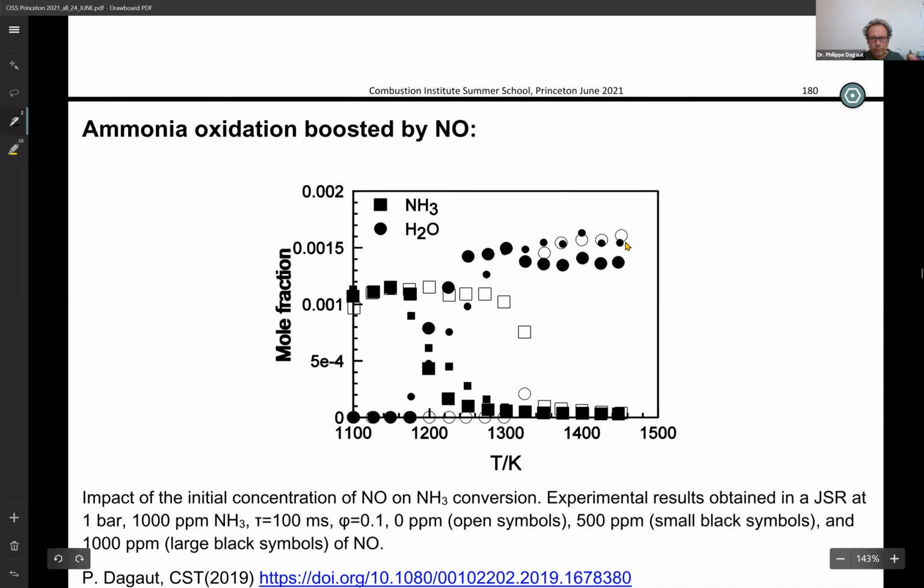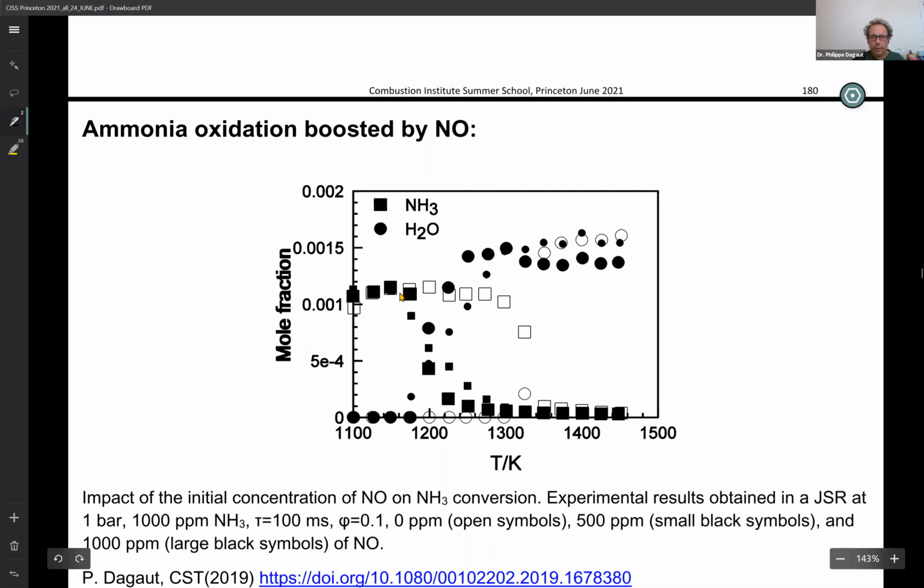In the case of the open symbol, we don't introduce NO. So we get a conversion of ammonia, which starts around 1300 Kelvin, and you form H2O here.